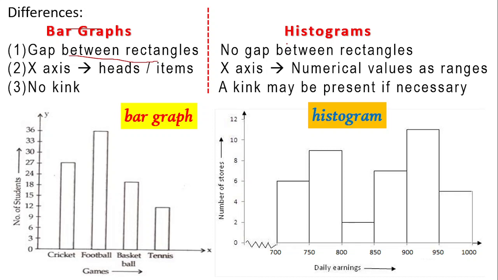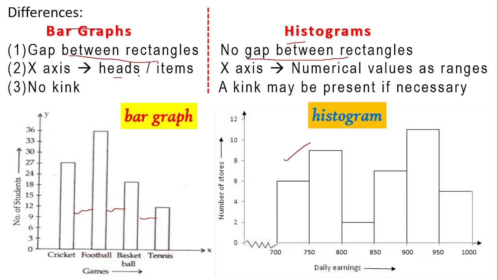And when you come to the histogram, no gap between rectangles. See the gap: one rectangle ends here, this is the gap. Again, this is the gap. Here you do not have any gap.